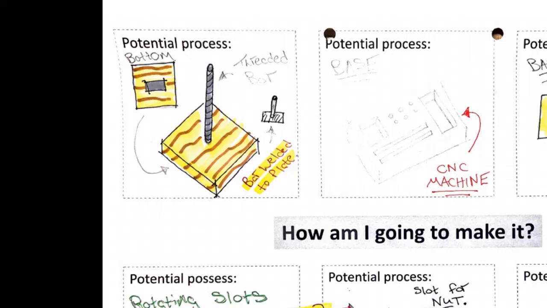Then the rotating slots, how would I make them and attach them? I focused on taking out a slot for the nut on the bottom of the timber slot, and then allowing the nut to rotate around like that. And for the top of the threaded bar, what could I attach onto the top of it to make it seem like a proper nice finish?